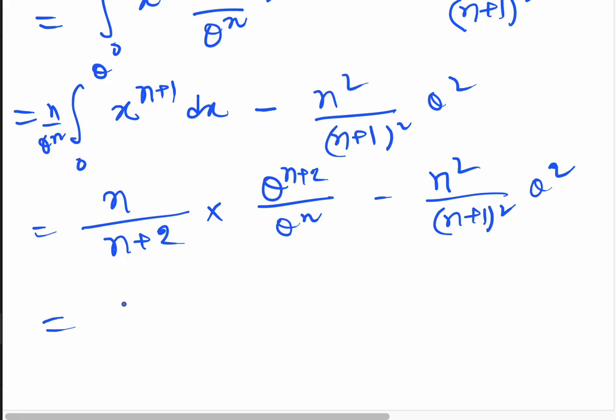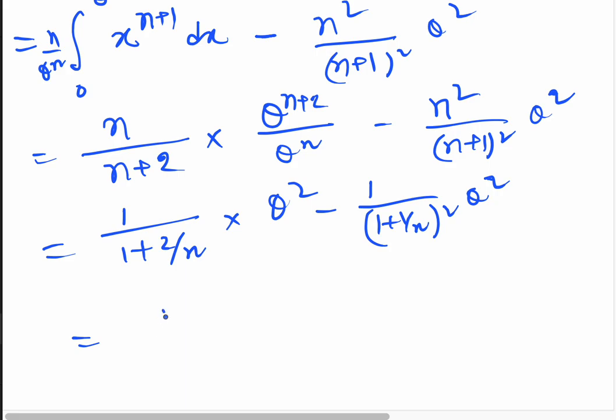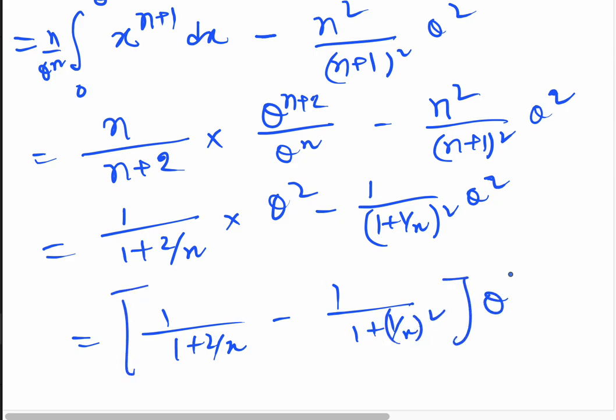So this is n by n plus 2 theta square minus n square by n plus 1 square theta square. So you see, n by n plus 2 minus n square by n plus 1 square, times theta square.